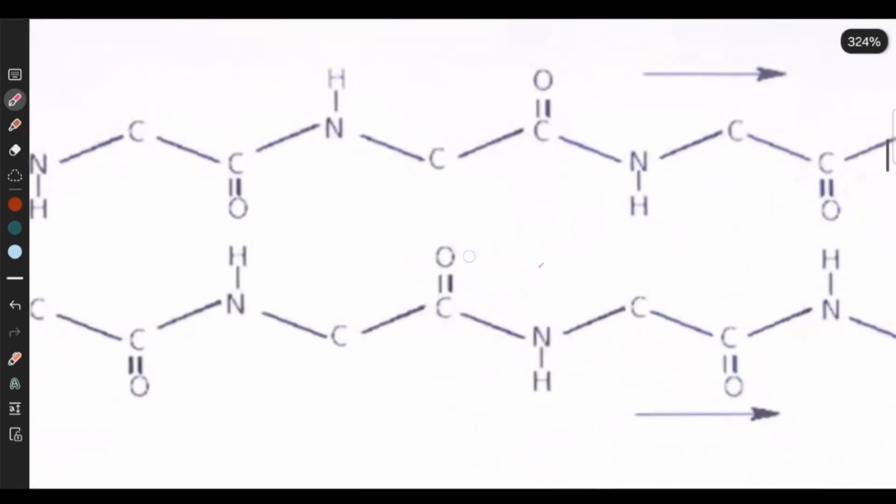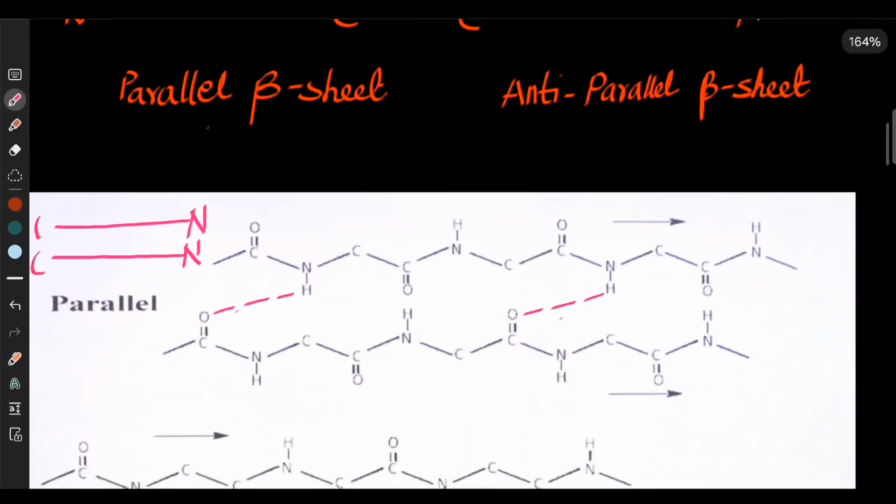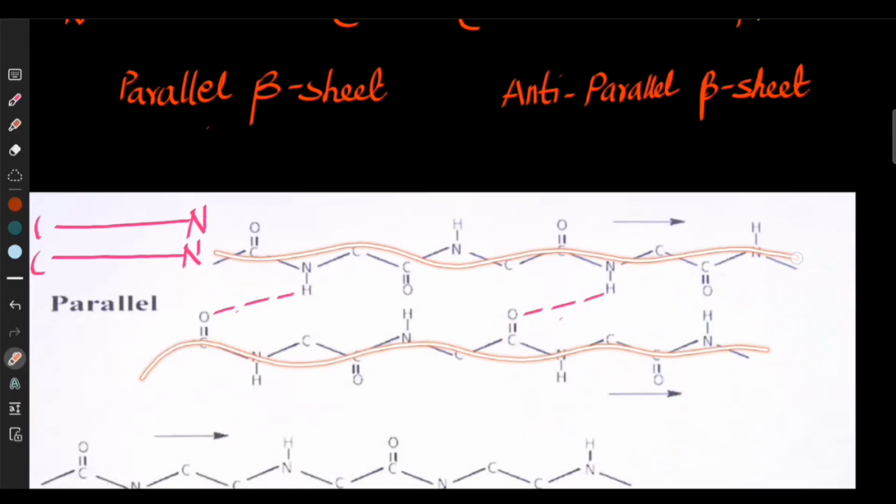Over here also, this will be forming hydrogen bonds, between two strands. This is one strand and this is another strand, and they are forming bonds between themselves. Therefore the hydrogen bond is going to be intermolecular.